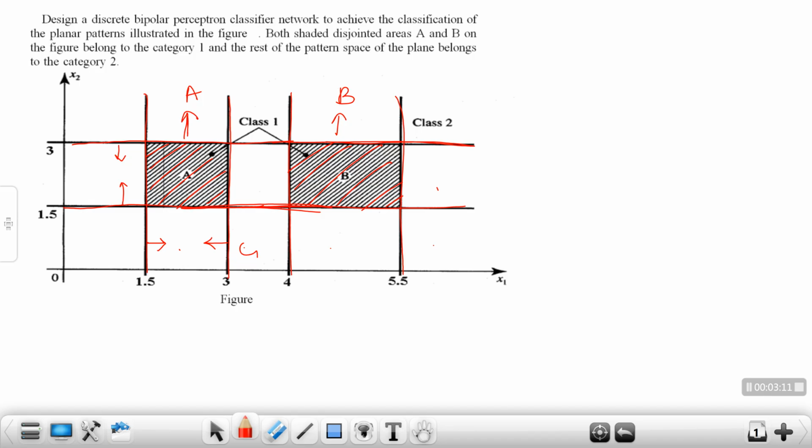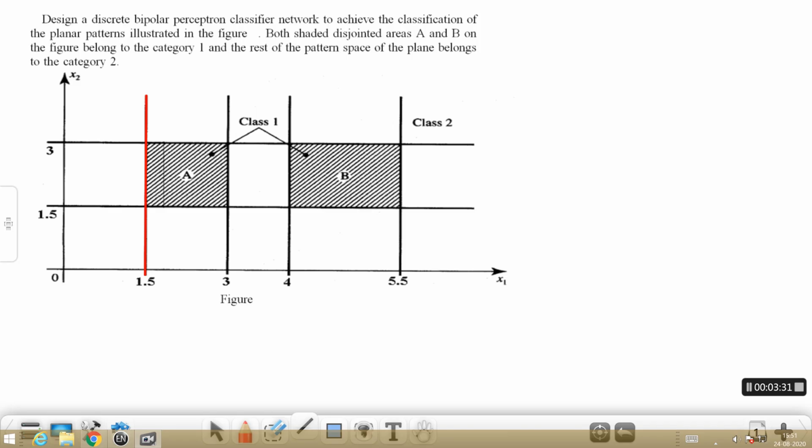So I will have in total 6 equations. I shall name the lines O1 to O6. First I shall draw the lines O1 to O6. The lines are already drawn in red. I am drawing the lines once again, and I will name this line O1.